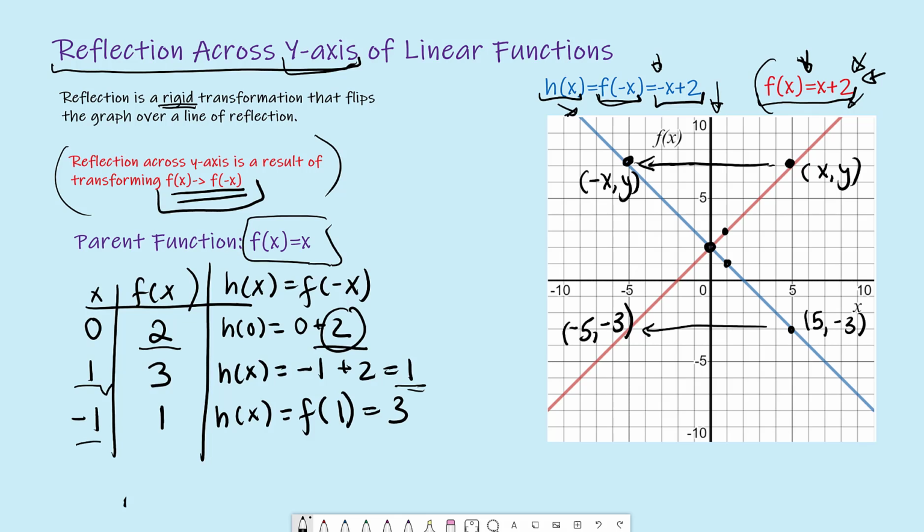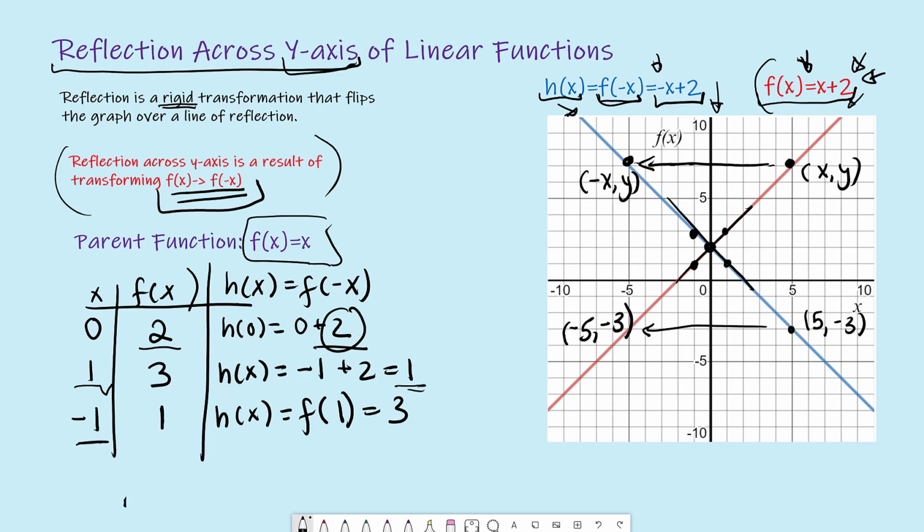If we take -1 here, our f is at 1, that's right there, but our h of -1 is at 3, up here, right? And so we indeed get a mirrored image of our red curve in our blue curve. So this is how we go from our red to our blue.